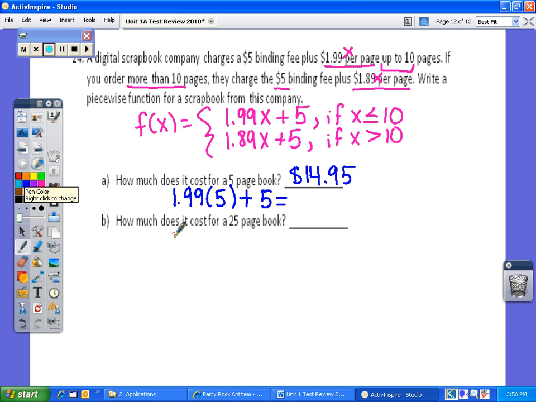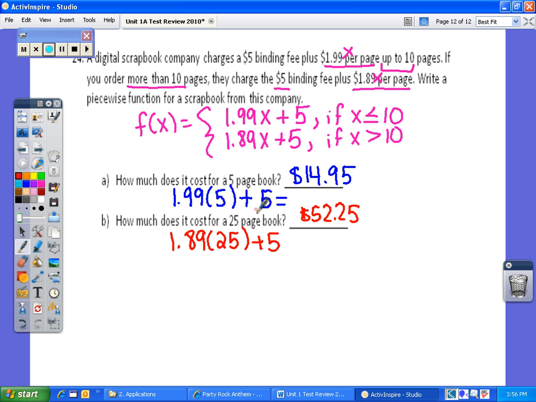Okay, the next one is how much does it cost for a 25-page book? It falls in this category, so put 25, and you wind up spending $52.25. Make sure you always remember your dollar signs.